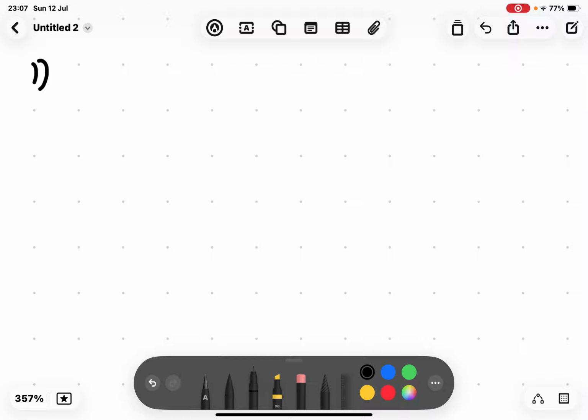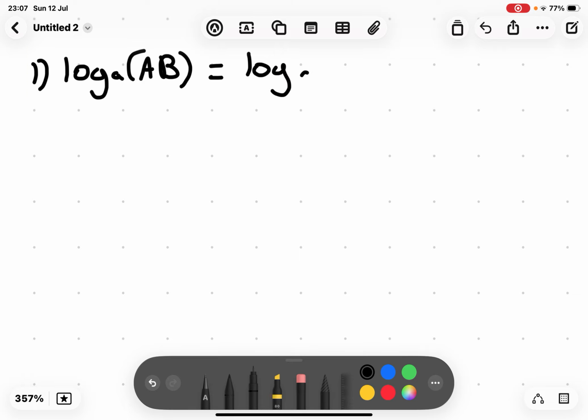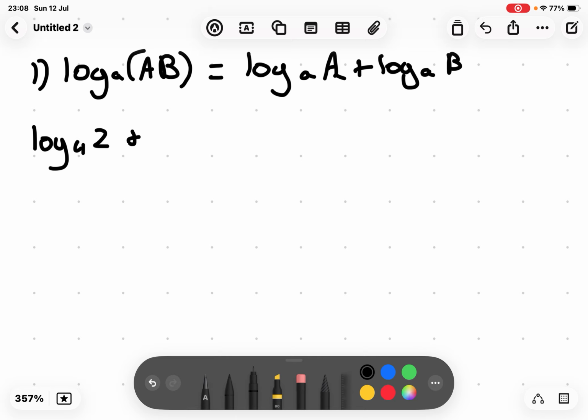Okay, now let's go on to some laws. So the first law is log A plus log B equals log AB. So if the bases are the same, you are able to just times and plus, like, let's say this is your question, you can write it like this. And as an example of that, let's say you have log 4 2 plus log 4 32.